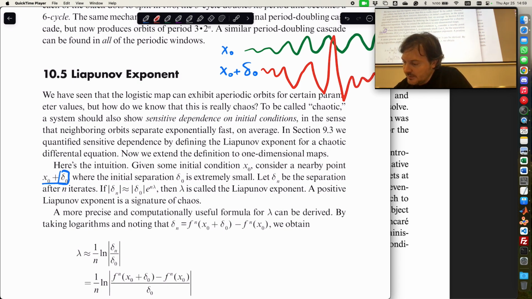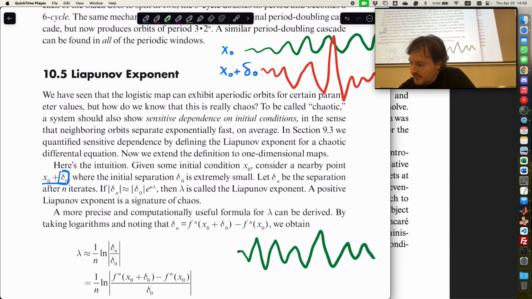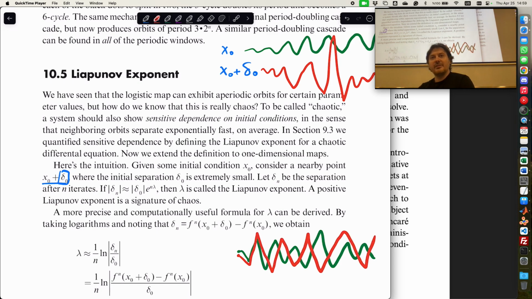Let me just plot them together. Like I start at x0 and it goes like this. I start very close here. At first it's together, but then it deviates and there's no interaction between them anymore. So that's when it's at chaos.